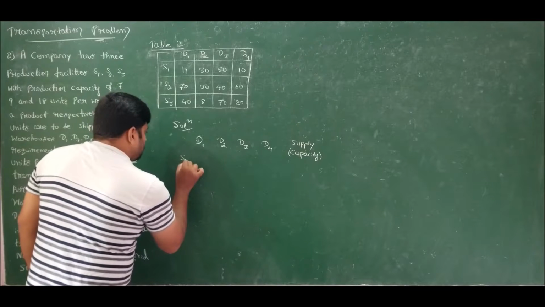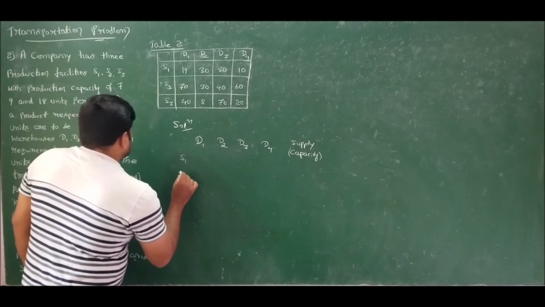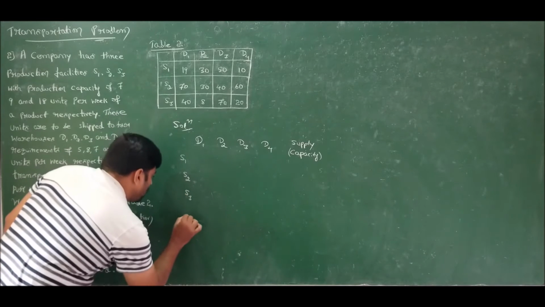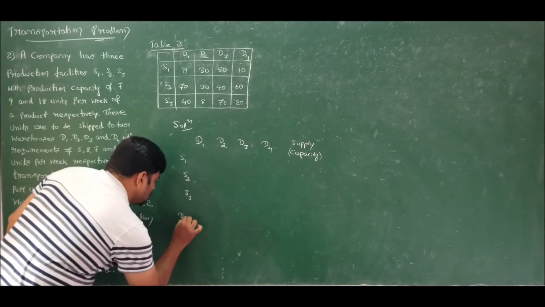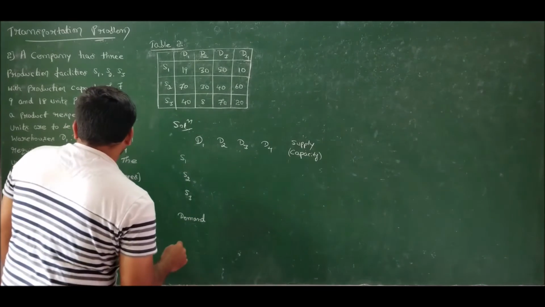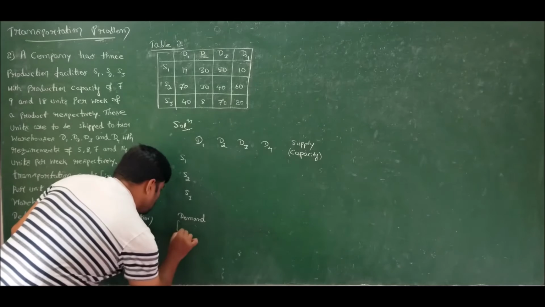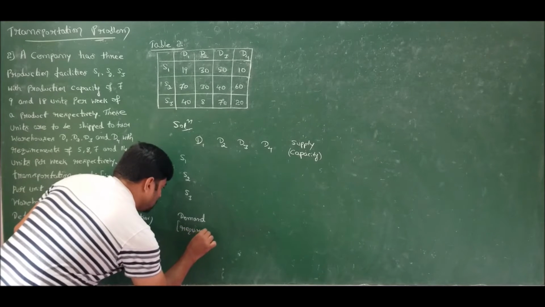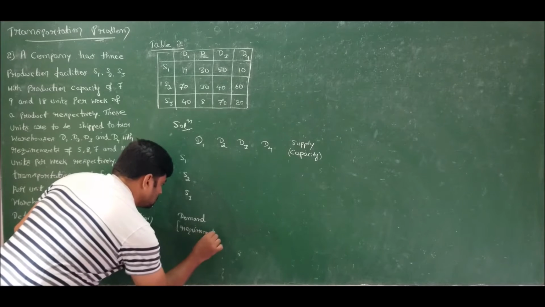And we have the production facilities S1, S2 and S3. At the bottom we always write demand. Here demand is nothing but the requirement. Warehouse requirements. Demand is nothing but requirements.